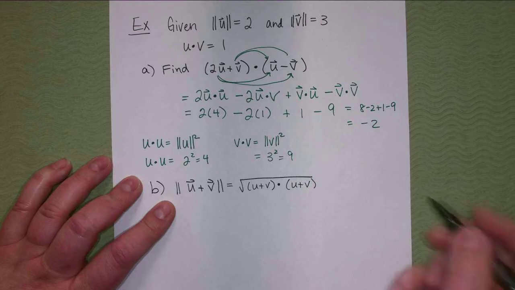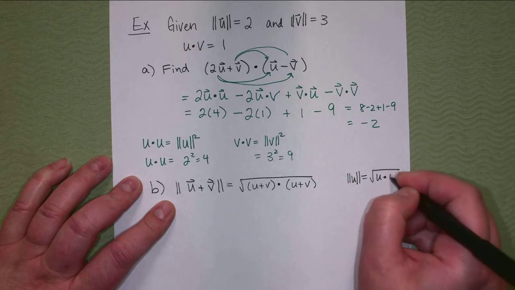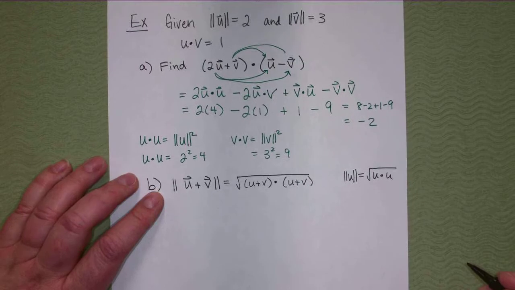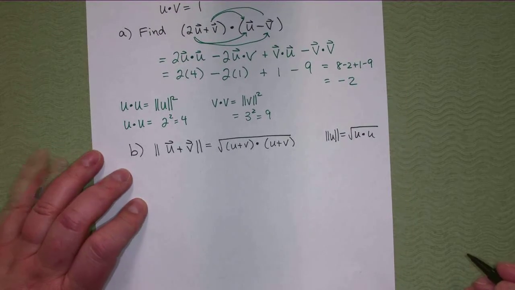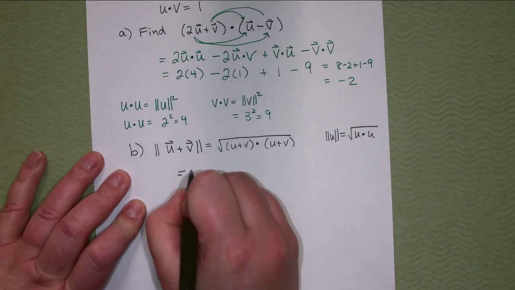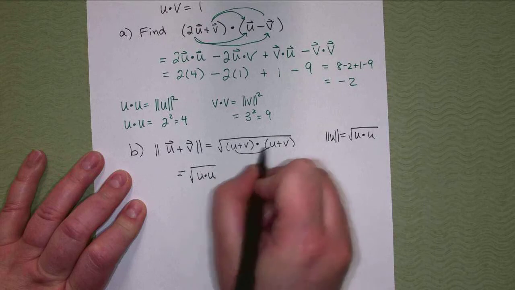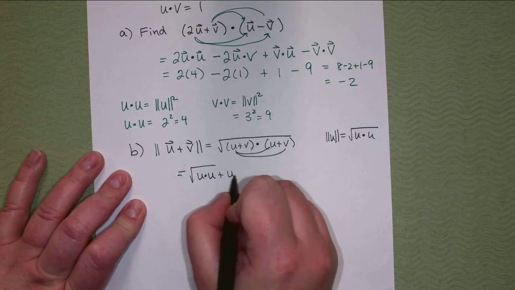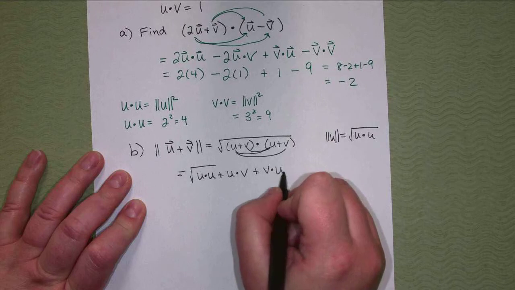Remember the length of u is the square root of u dot u. So now what? FOIL, multiply it out. So u dot u plus u dot v plus v dot u plus v dot v.